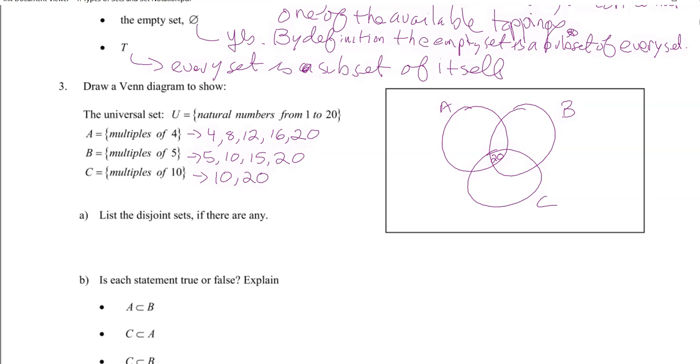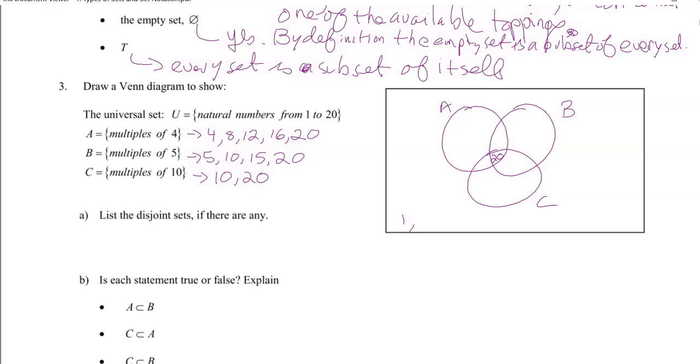Where does the number 1 go? Inside A, inside B, inside C, none of the above. So we'll just put the number 1. Okay, so see if you can fill in the rest of that diagram. So you want to put in 2, 3, 4, 5, 6, 7, 8, 9, 10, 11, 12, 13, 14, 15, 16, 17, 18, and 19.